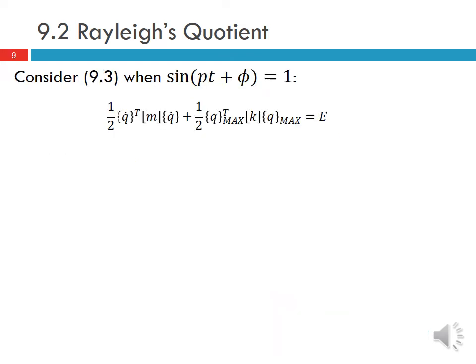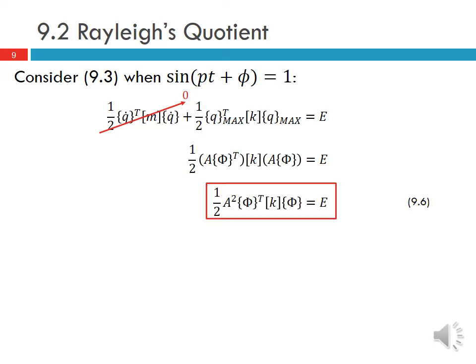So let's consider equation 9.3 when sine(pt plus phi) is equal to 1. In this case, the kinetic energy goes to 0 and the potential energy, the coordinates become their maximum. So we have 1/2 q max transpose K q max is equal to E. And we can replace q max with a phi, as shown on the previous slides, which we can rearrange as shown here.